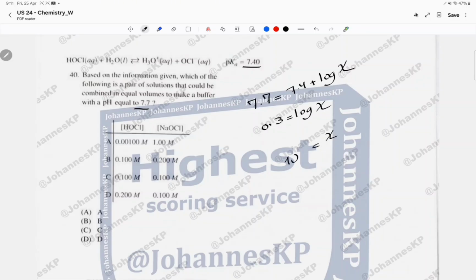So X is equal to 10 to the power of 0.3, which in the calculator would give you 1.99. So that means the conjugate base over the weak acid has to be a 2 to 1 ratio. And so the conjugate base, which is the OCl negative, and the weak acid have to be a 2 to 1 ratio, so it's going to be choice B essentially.